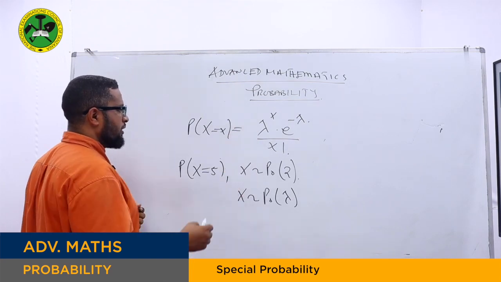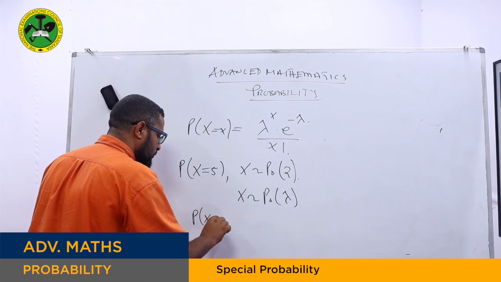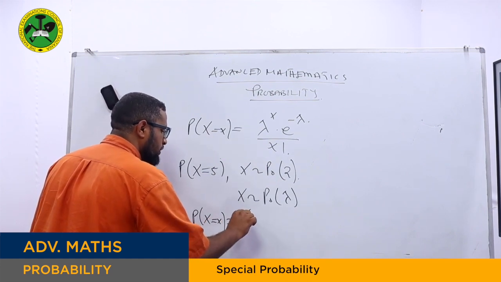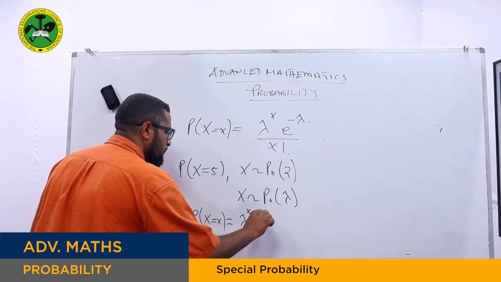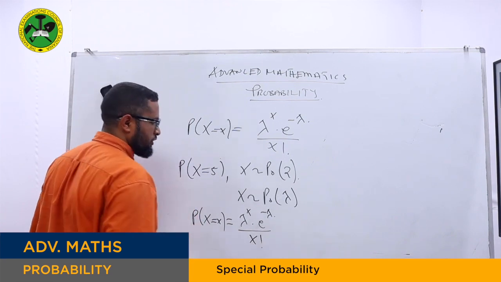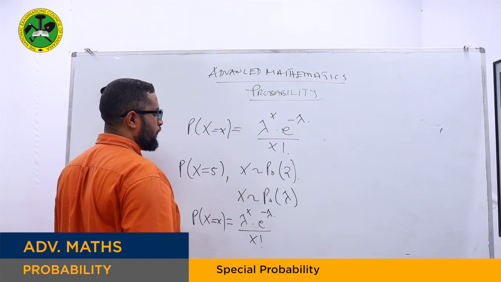Now let's go to the formula. The formula is P of X equal to x is given by lambda, which is our mean, to the power of x, e to the power of negative lambda, divided by x factorial. Our x here is 5, but you are given mean of 2.